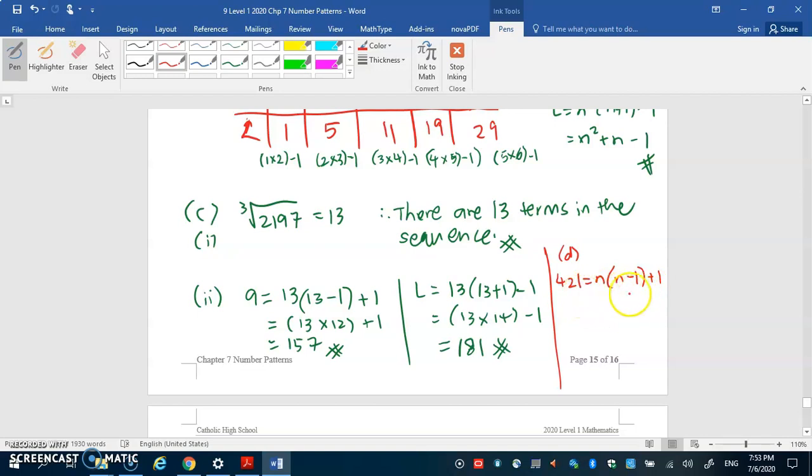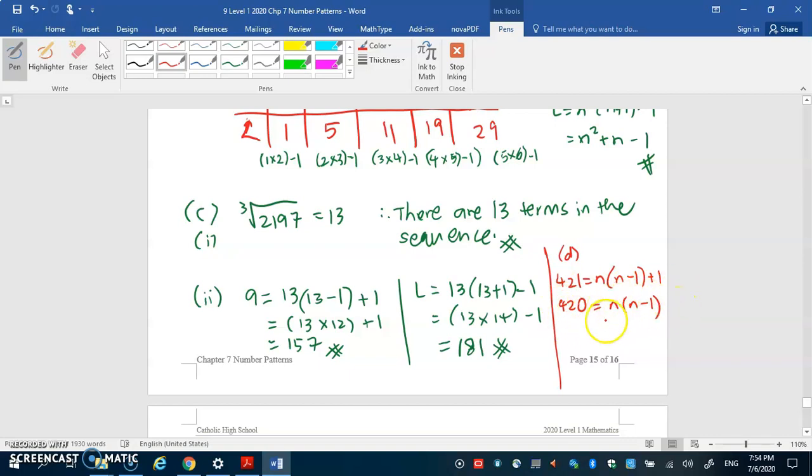Okay, I'm going to try to solve for n. I basically minus 1 on both sides. So 420 equals n squared, sorry, I don't want n squared, I just want n times n minus 1. Okay, so what number times that number minus 1 will give me 420?